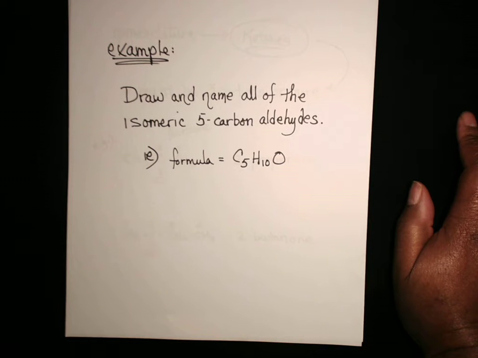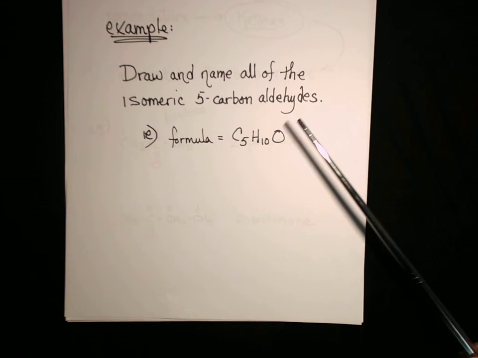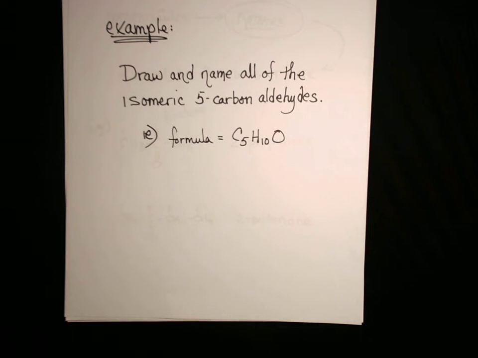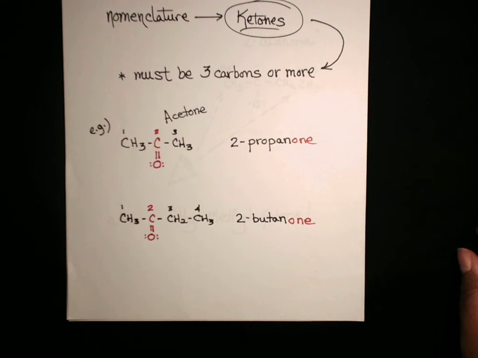You're looking at an aldehyde that has 5 carbons, and I want you to consider all of the possible structures and their corresponding names. Now, a 5-carbon aldehyde should have the formula C5H10O. We're going to come back and look at this again towards the end of the video. But for now, I would really like to go on and talk a little bit about ketones.